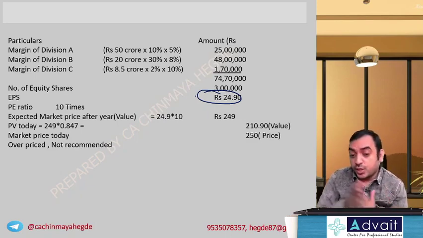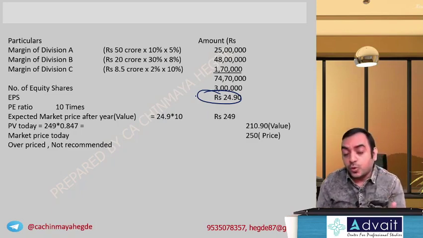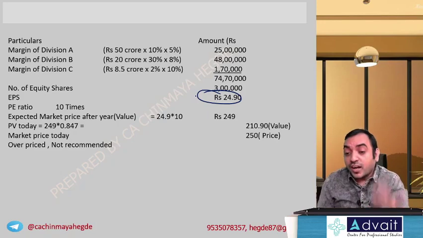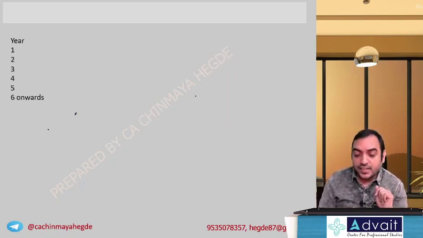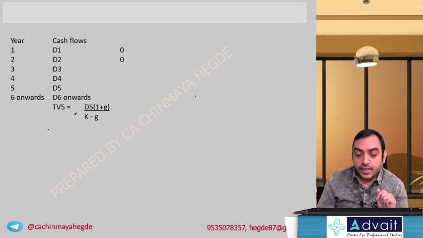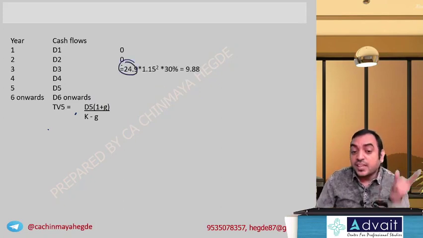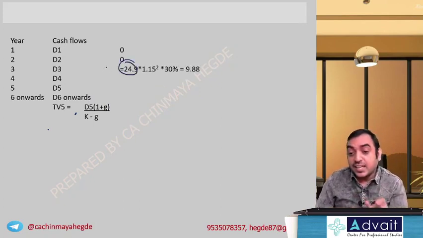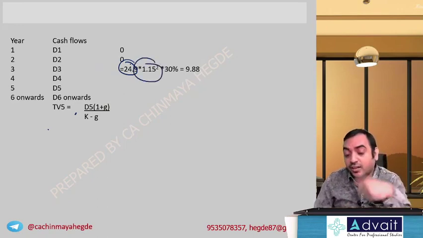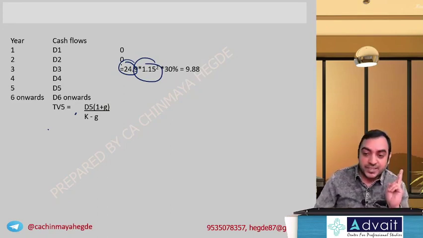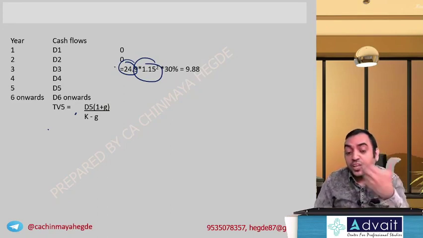Now from first year to third year, the earnings will grow at 15%. That's what I did here. 24.9 is at the end of year 1. We need it at the end of year 3. So 1 plus R compounded, grown for 2 years at 15%, so 1 plus 0.15 whole square.